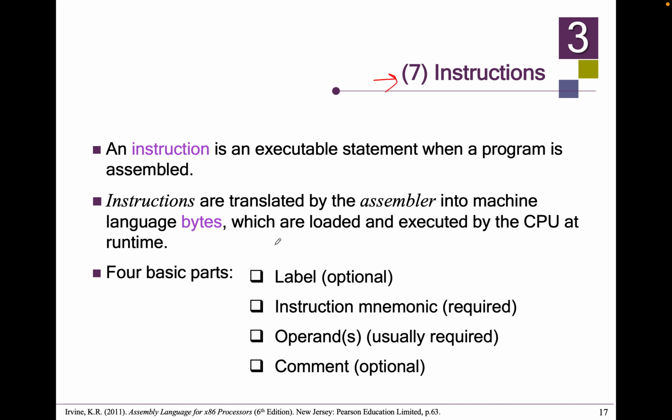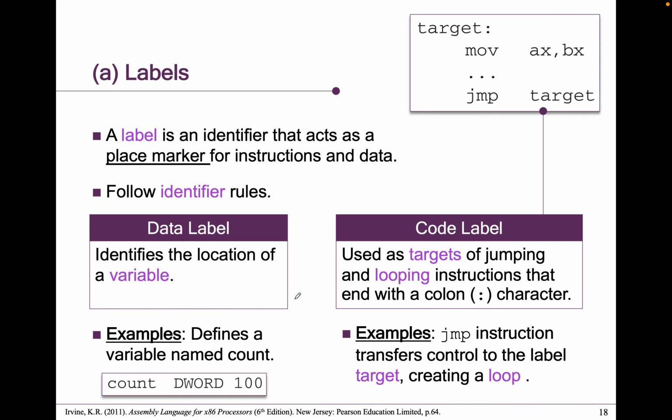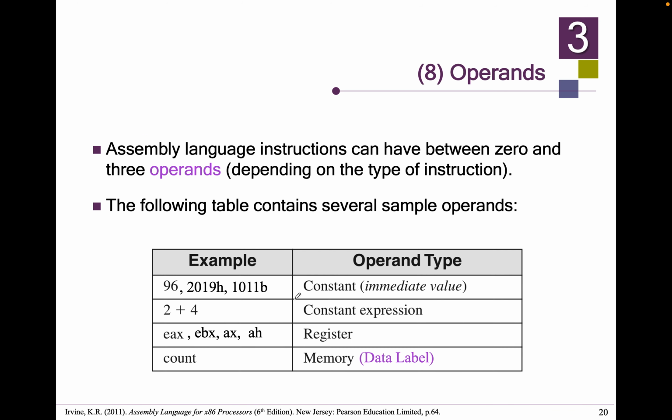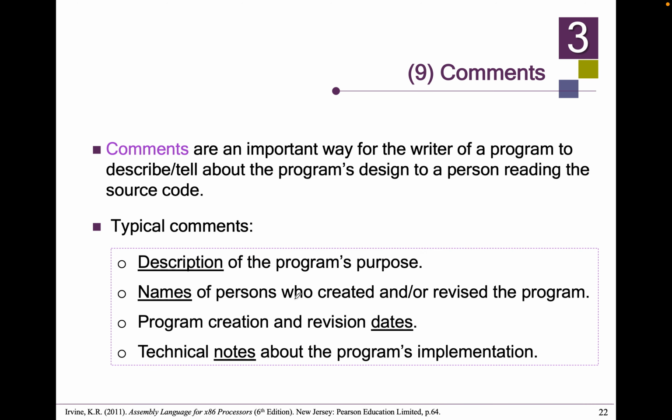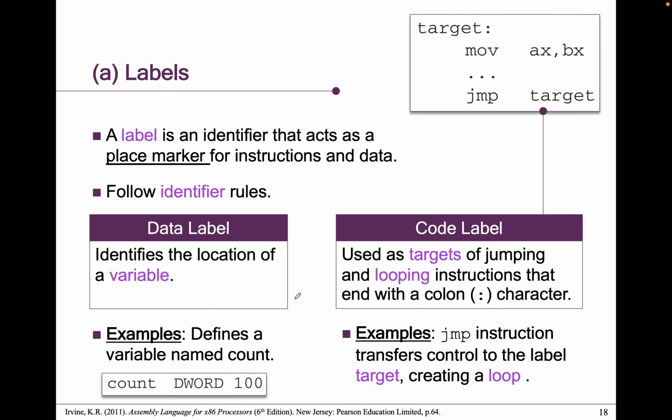So for instruction, you have several parts, and we can divide it into 4, which are labels, instruction mnemonics, operands, and comments. Sometimes we can have only 1 or 2, or maybe we need all of them.